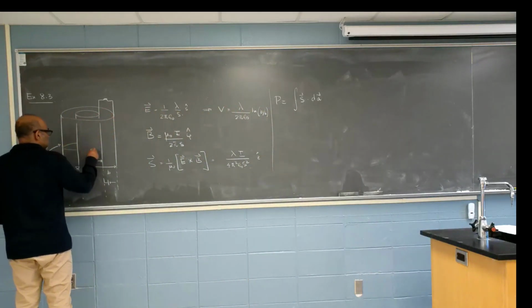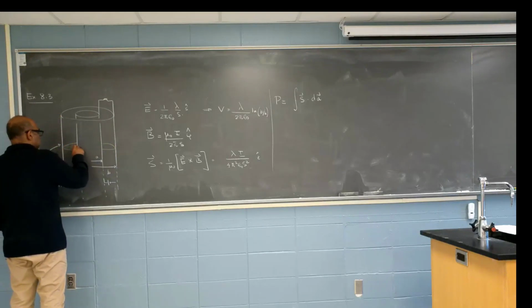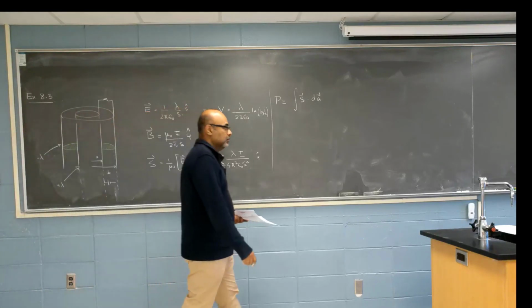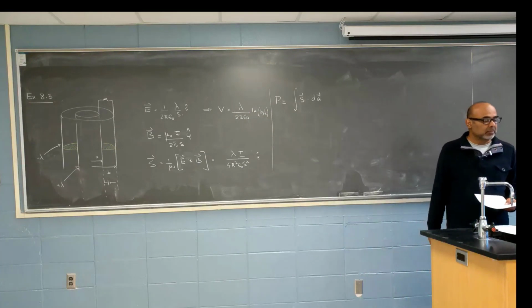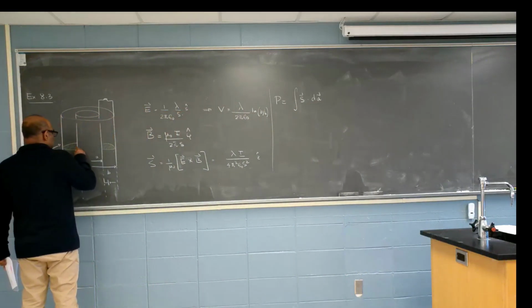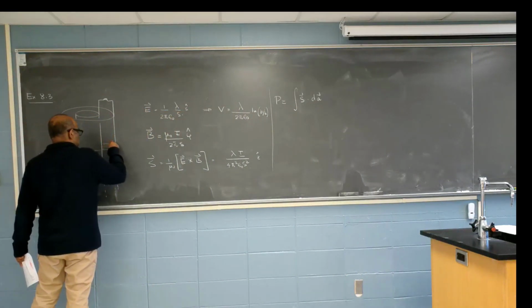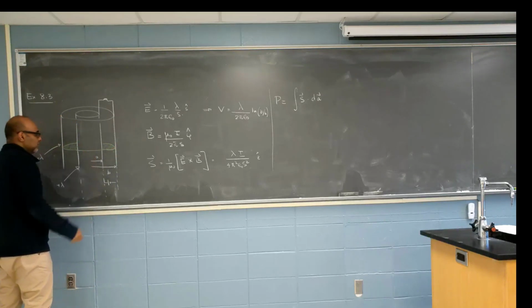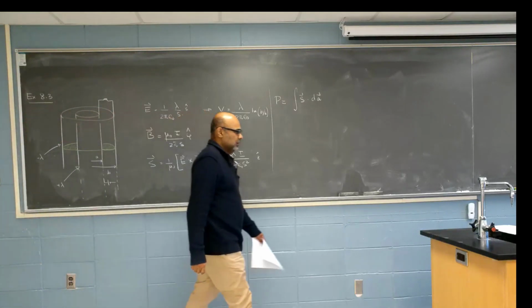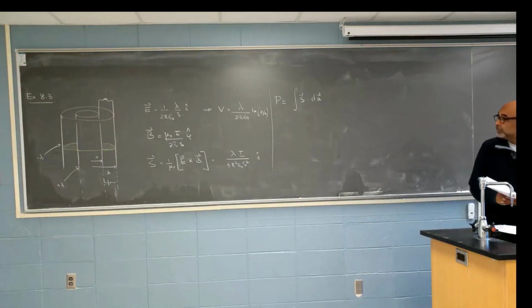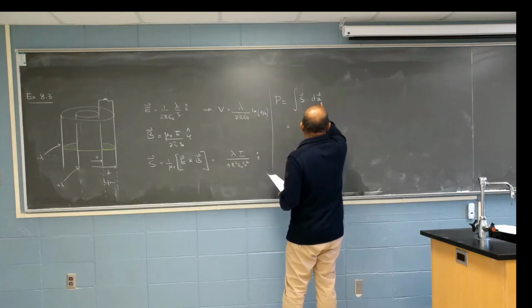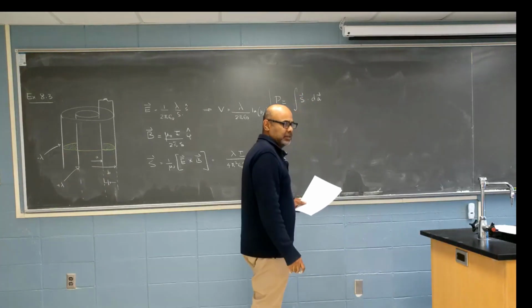So power crossing, well, first of all, vector S and dA is along the z hat direction.